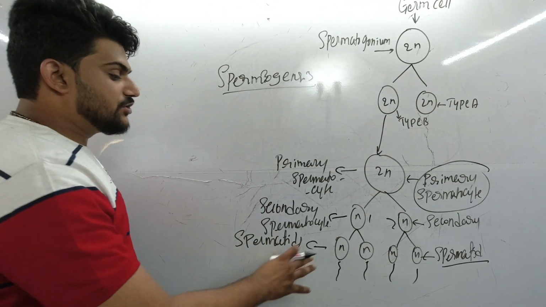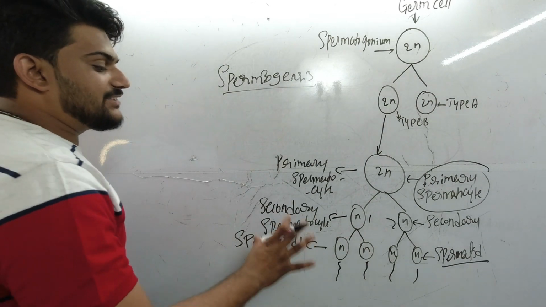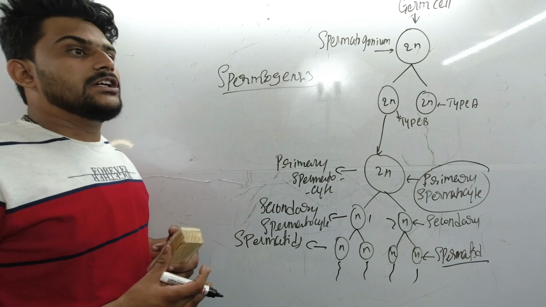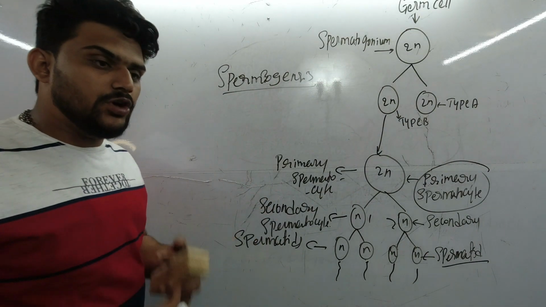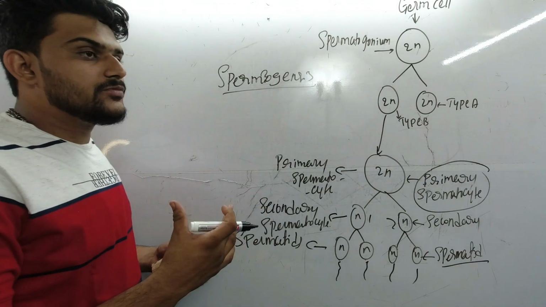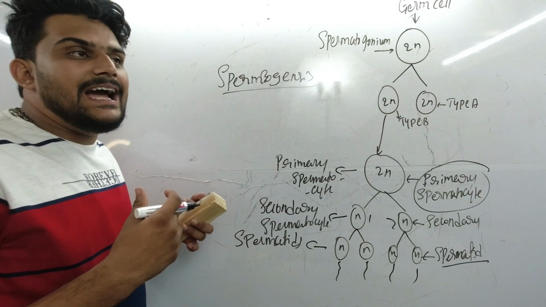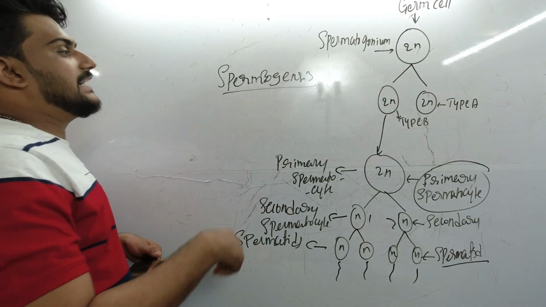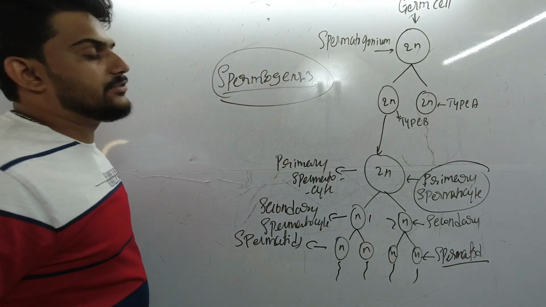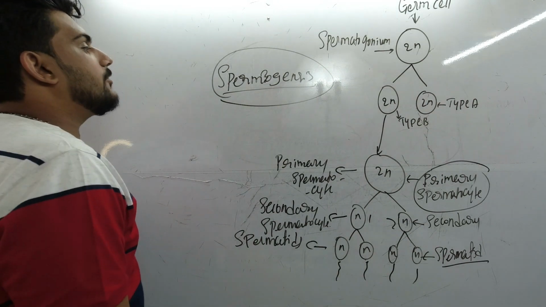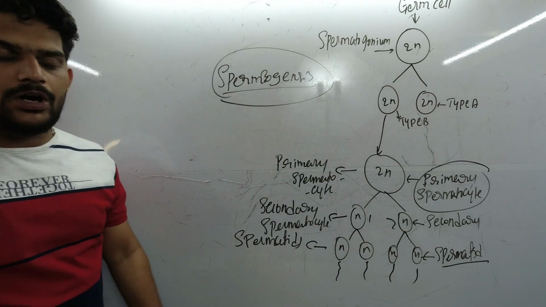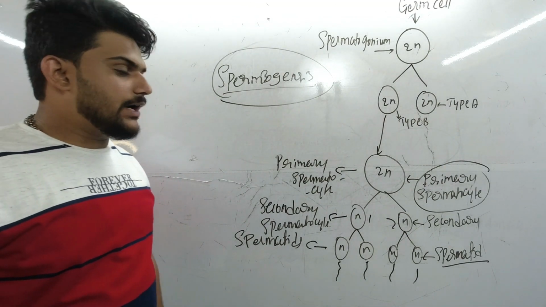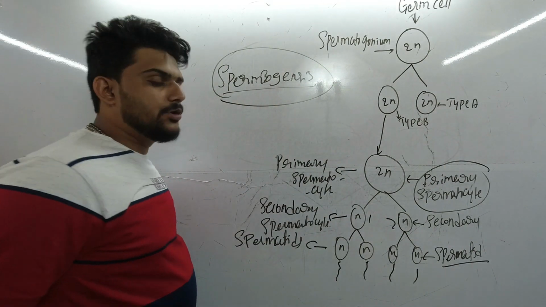Those sperms are going to get activated, they start their activity, or they get matured. That particular term is known as spermiogenesis. The process of conversion of non-motile, non-active sperms into active ones is known as spermiogenesis.